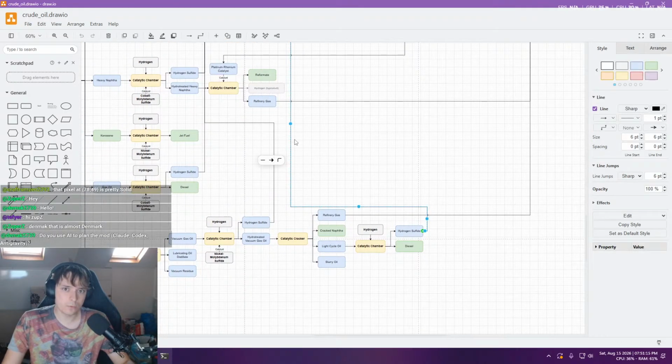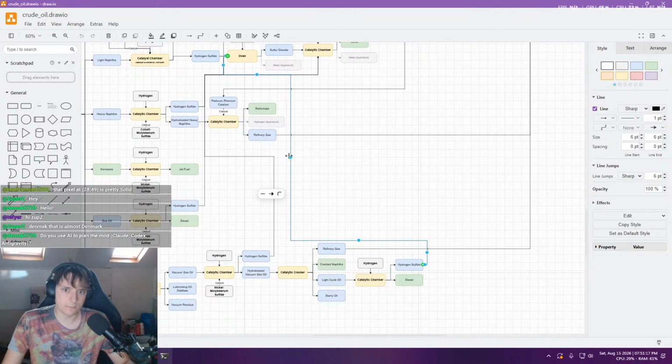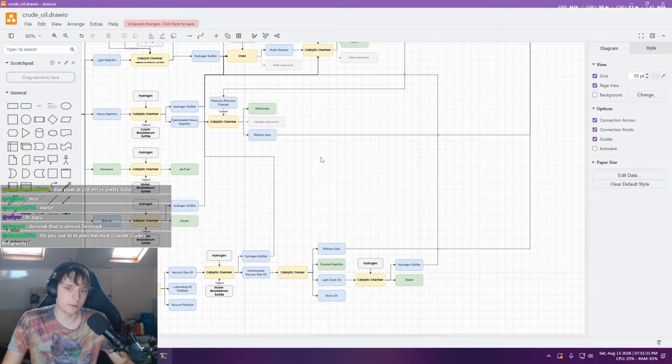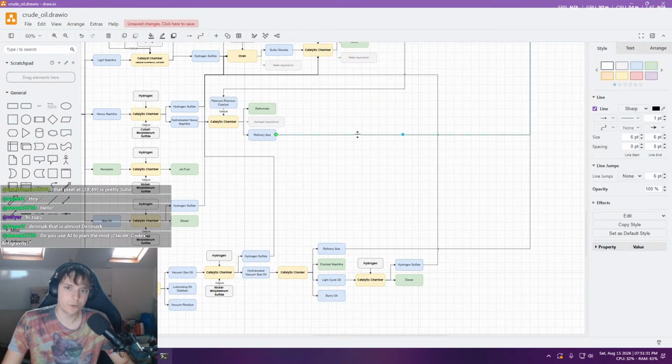Let me also, because this is very weird, move that, just because otherwise that's going to be in the way. And I'd like to have this space here filled up, basically, which should be doable, I believe.